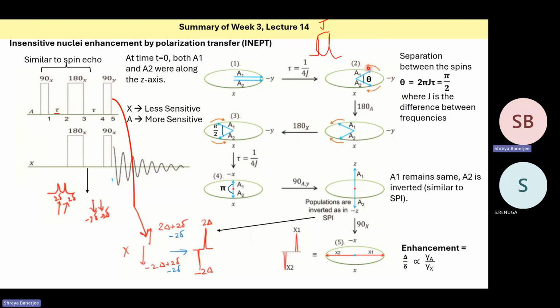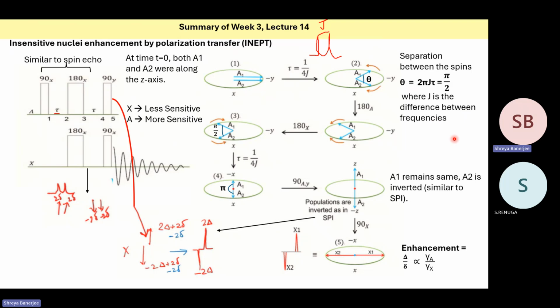What that will do is allow A1 and A2 to precess in the transverse plane. And because A1 and A2 have different frequencies, they are precessing in different directions. So during the time tau, there will be an angle between A1 and A2, that is theta, and this angle will be 2 pi tau into J. So basically, J is the difference between frequencies.